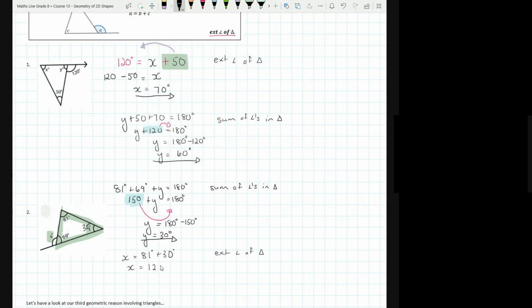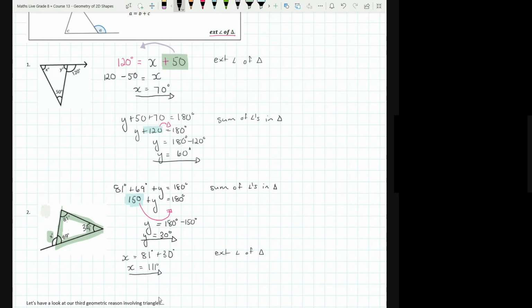Wait, I feel like that's wrong. I feel like it's 111. 81, 91, 120. No, yeah, 111, ma'am. 111, ma'am. That's fine. As soon as you wrote the two, I was questioning my answer, ma'am. Yeah. Okay. There we go.